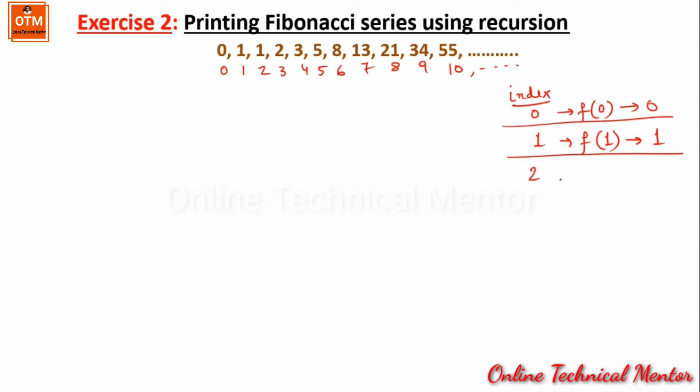Now look at what happens at index 2. At index 2, we need to find f of 2. That means we require the function of the previous value, 1, and the function of the previous of the previous value, that is 0. From the above step, f1 is 1 and f0 is 0. So 1 plus 0 is 1. So f2 becomes 1.